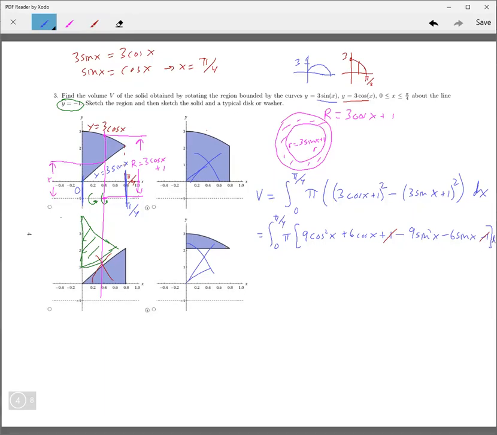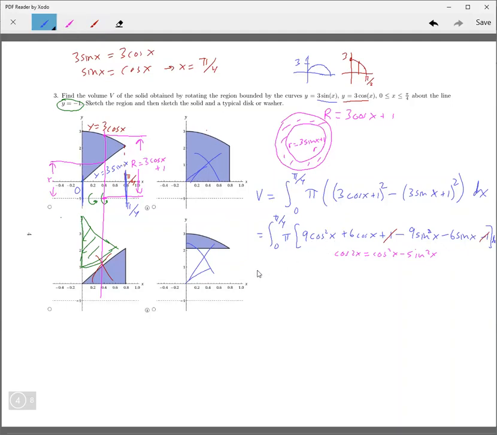There's an identity from trigonometry that says cosine 2x is equal to cosine squared x minus sine squared x. So we'll just use that right now.